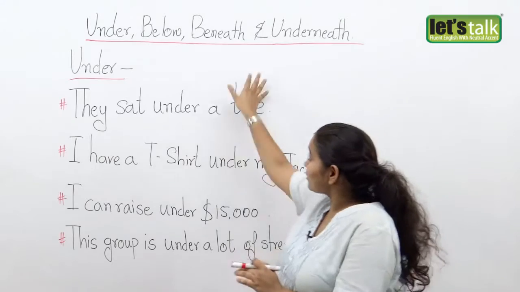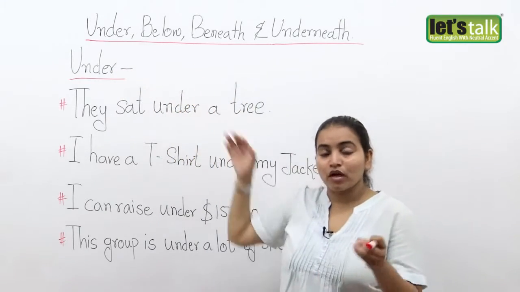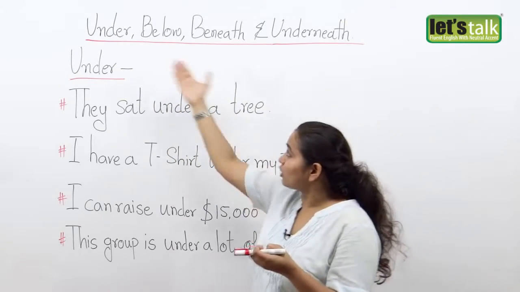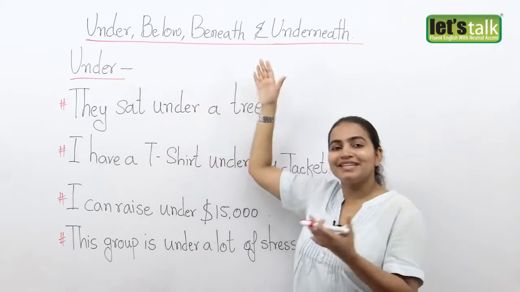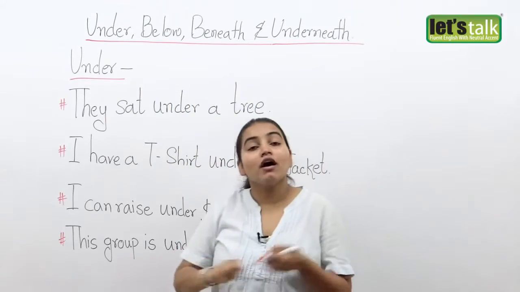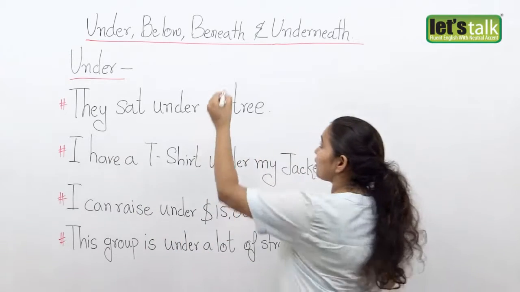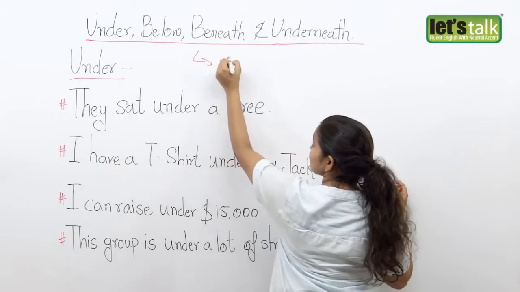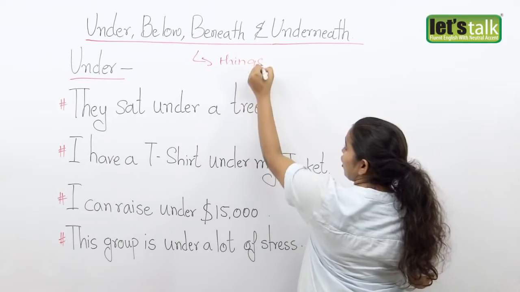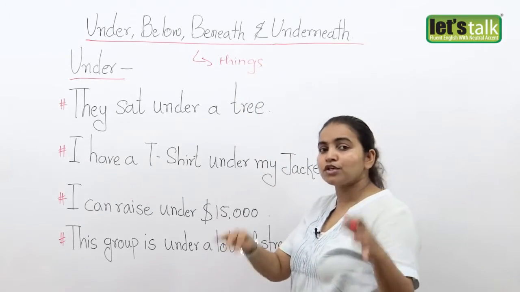Now, what do all these words mean? When I refer to words like under, below, beneath and underneath, I am referring to things that are in the downward position.